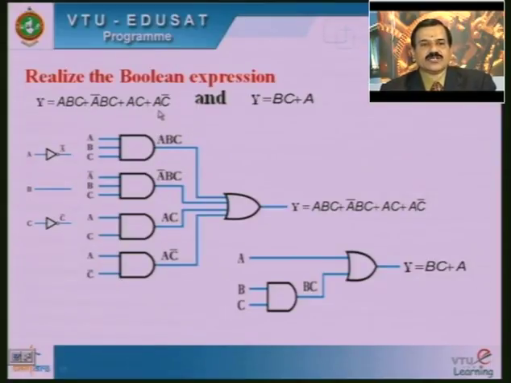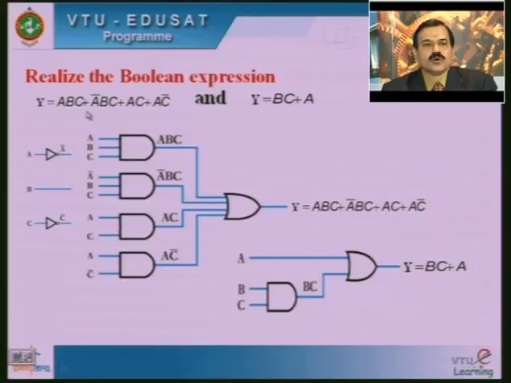And the last term is A complement C, where the complement value is generated through this NOT gate. The NOT gate output C bar is connected here, A is taken from the initial point, and these 2 are fed, and finally the AND gate output is the multiplication of A and the complement value of C.